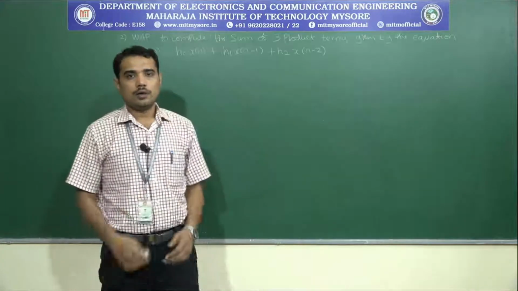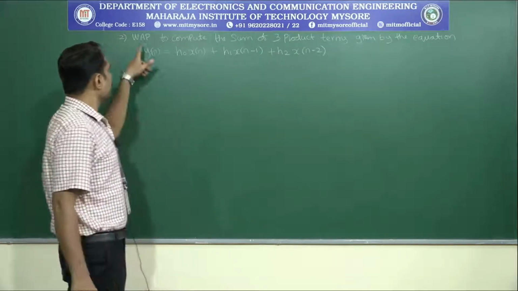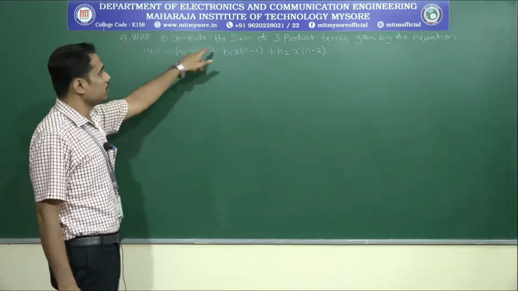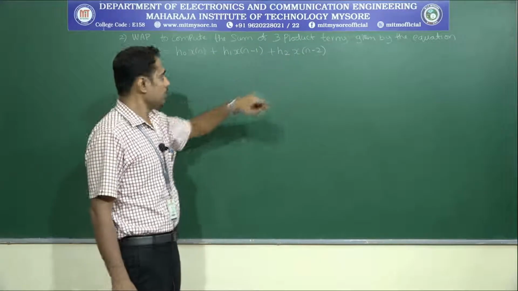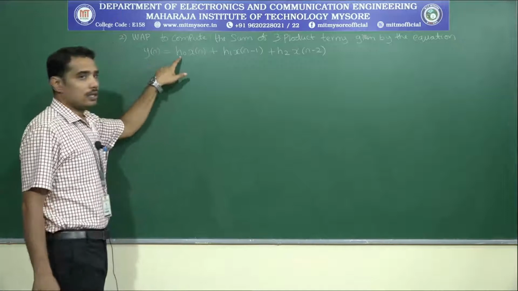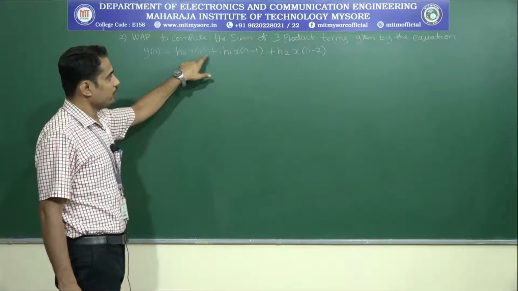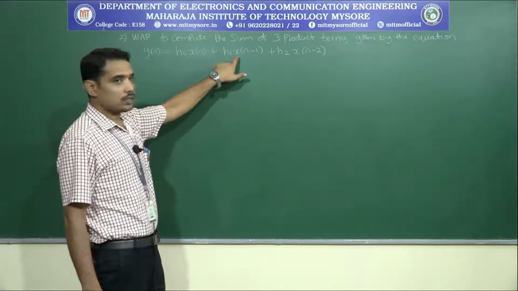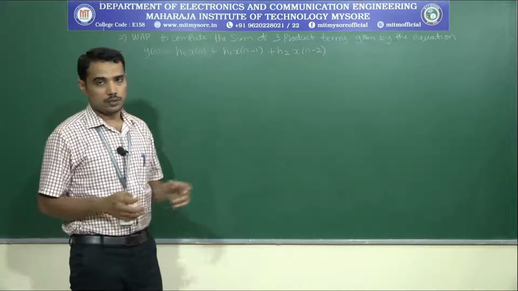Okay. Now let us try to work out the second program, that is, write a program to compute the sum of three product terms given by the equation y(n) = h0 x(n) + h1 x(n-1) + h2 x(n-2).